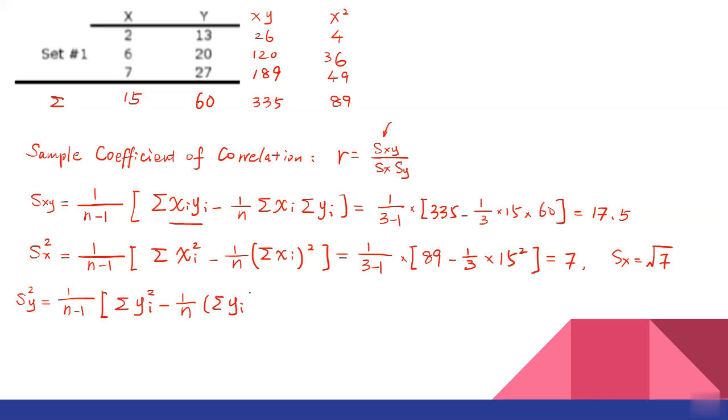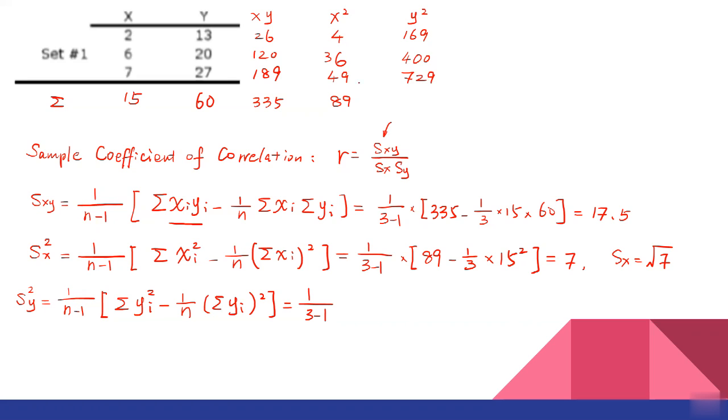Sum of all y's here to the second order, which is 1 over 3 minus 1. Next, we need all the y squared, right? So let's put another column called y squared. When y is 13, y squared is 169. When y is 20, y squared is 400. When y is 27, y squared is 729.